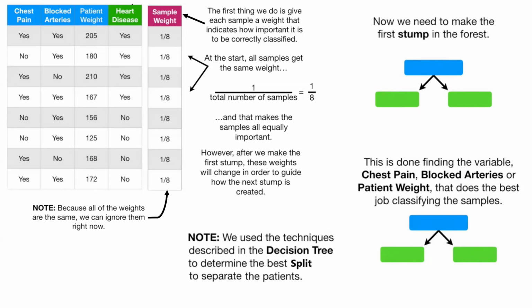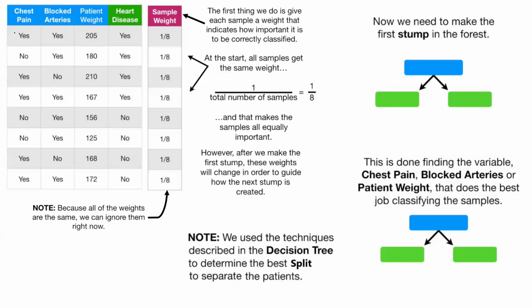The first thing we do is give each sample a weight that indicates how important it is to be correctly classified. Initially, each row will have the same weight. When we are constructing the first stump, each record will have the same weight.